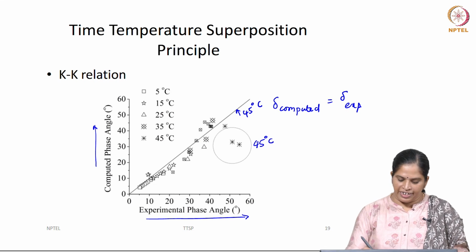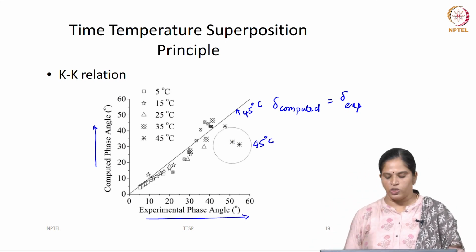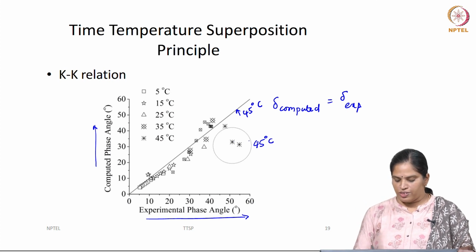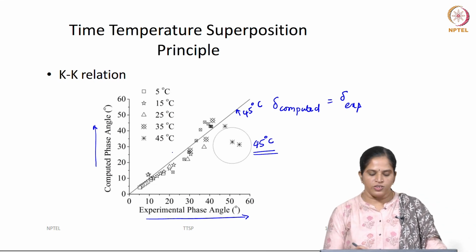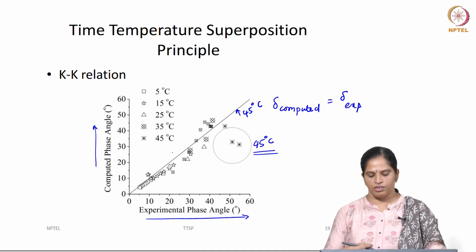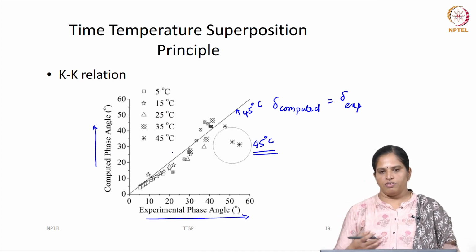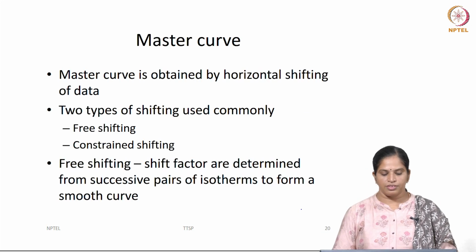So if data deviates more from this, it indicates that the Kramers-Kronig relation is not applicable. You can see that at 45 degrees Celsius, there are some data that do not fall into the Kramers-Kronig relations. So, while fitting a master curve, you remove these data from the experimental data and then start fitting the master curve.